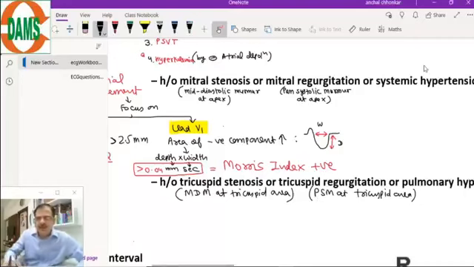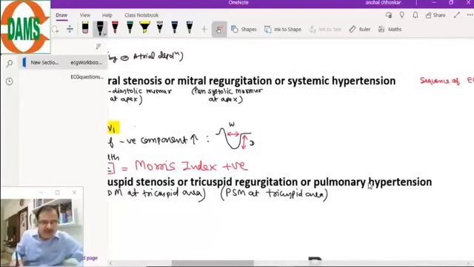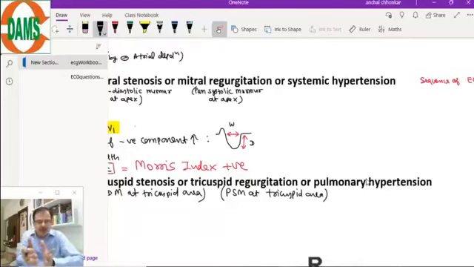Or, very importantly, pulmonary hypertension is mentioned. What will pulmonary hypertension do? Pulmonary hypertension will cause right ventricle hypertrophy, right ventricle pressure increase, and that pressure will go to the right atria, causing right atrial enlargement. So all these three histories will cause right atrial enlargement.